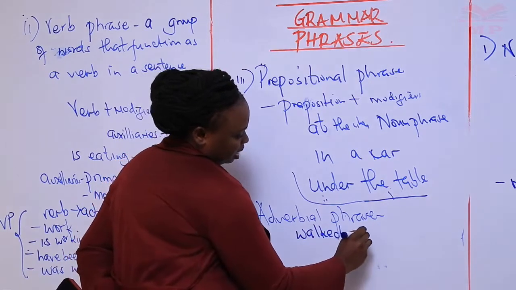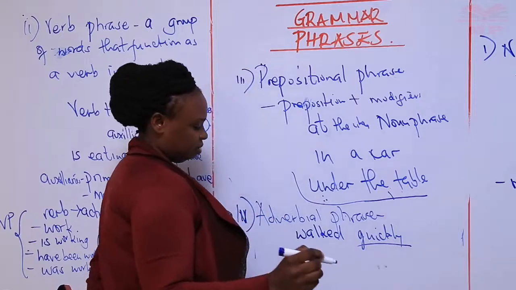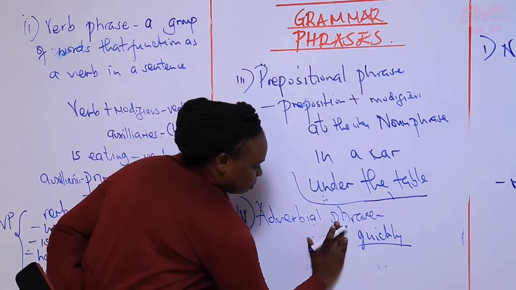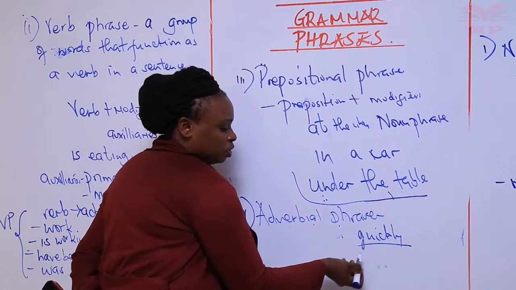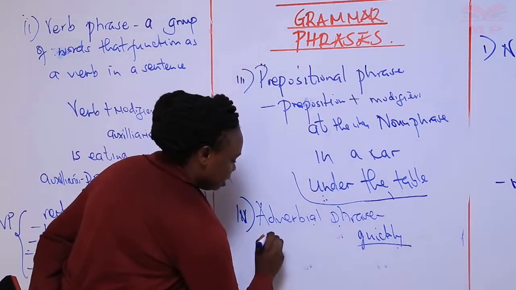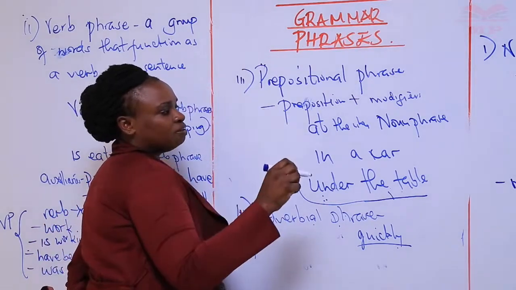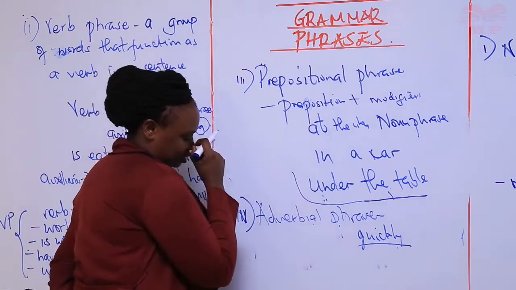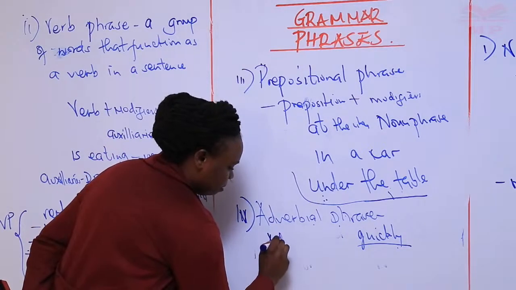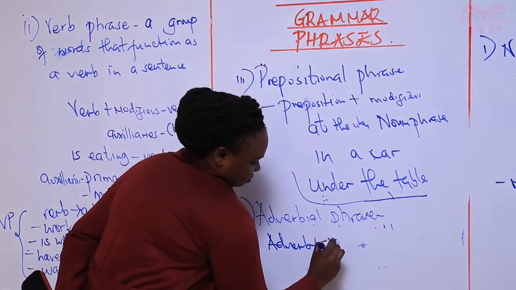Then when you add "quickly," that is a what? Quickly is an adverb. So here we are looking not at the verb, we are now looking at which words can function with quickly. All right. So, like we said from the beginning, the noun phrase will have the head word and its modifiers. So here the head word is the adverb, and its modifiers.